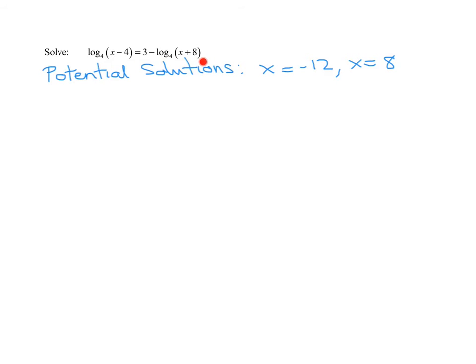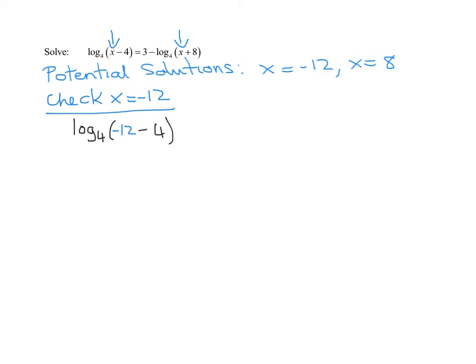So here we have our original equation and the two potential solutions we found on the previous slide. Let's start by checking x equals negative 12. That means wherever you see an x in the original equation, you put a negative 12. So log to the base 4 of negative 12 minus 4.